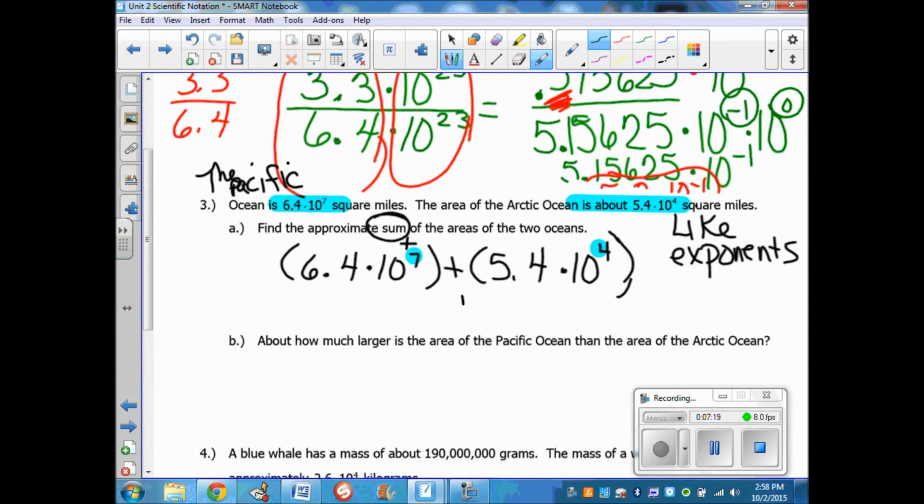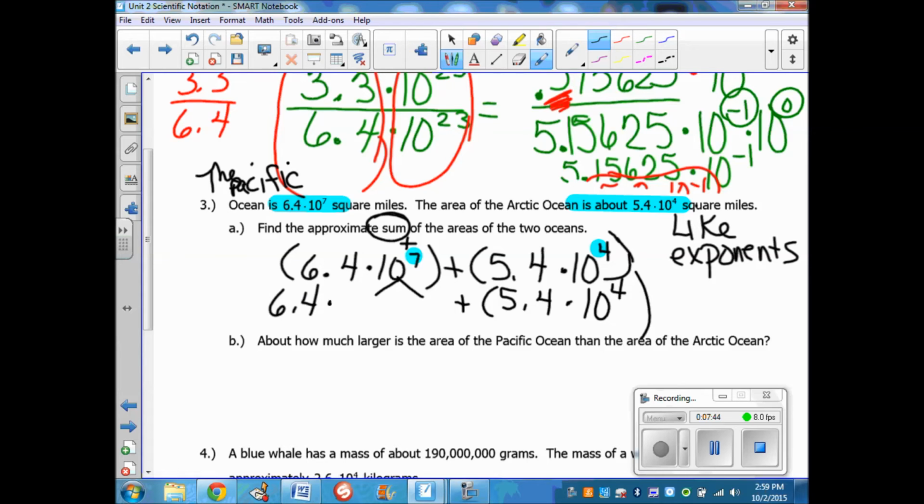So I'm going to leave that 5.4 times 10 to the 4th alone. I'm not going to do anything with it right now because I'm choosing to get everything to have a 10 to the 4th. So I have to rework the 6.4 times 10 to the 7th. I'm going to start out and leave my coefficient alone.